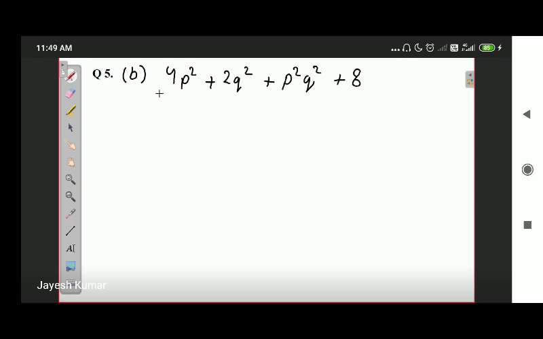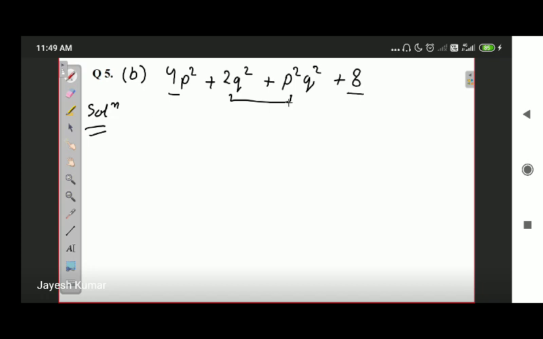So what I am going to do is, I am going to group them and then find the factors accordingly. How am I going to group them? See, I am going to do the grouping of first and last and the 2 middles.